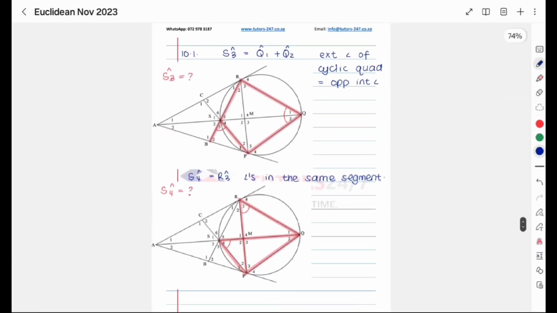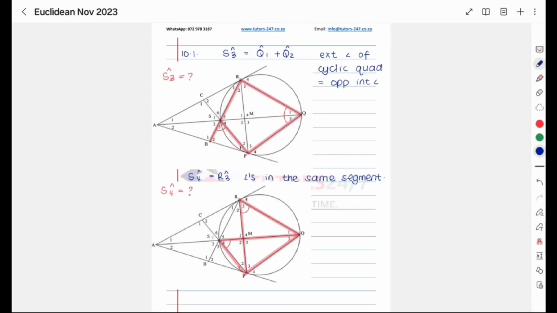Now that we have what the angle S3 is equal to and what the angle S4 is equal to, let us find a way to connect them. If you remember in the information provided, it was stated that PQ is equal to PR, which means that the angles opposite those sides would be equal, meaning that the angle R3 would be equal to the angle Q1 and Q2.